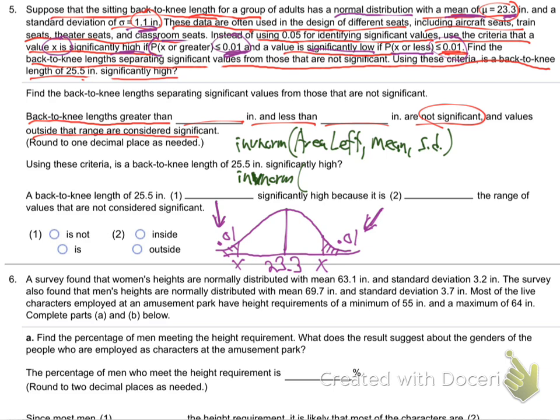So how much area is to the left? Now that's a little tricky. We can find it right here. What's the area to the left? 0.01. So let's find that x value by saying the area to the left is 0.01.